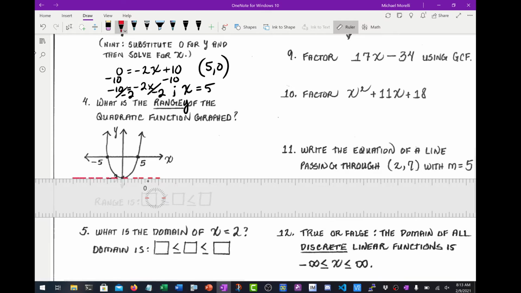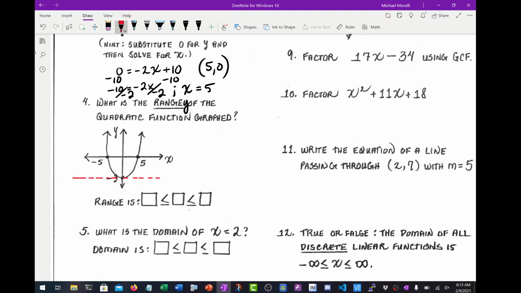The graph does not drop below this point, and so the minimum y value is -3. Now the maximum y value is infinity, because both of these arrows point up to infinity. So max y is infinity. So we would say the range is -3 less than or equal to y less than or equal to infinity.